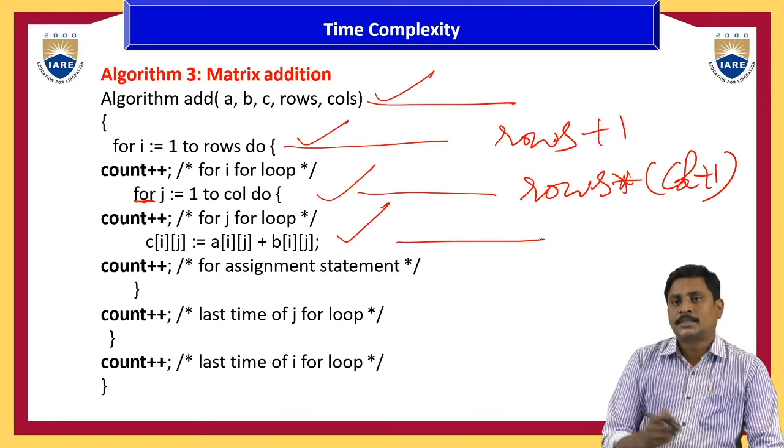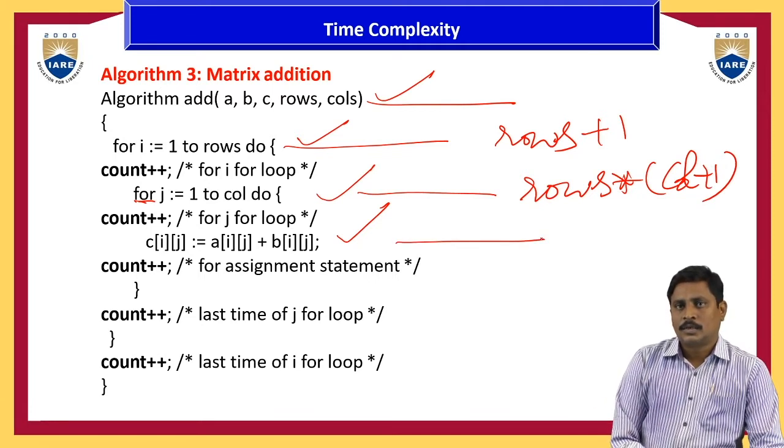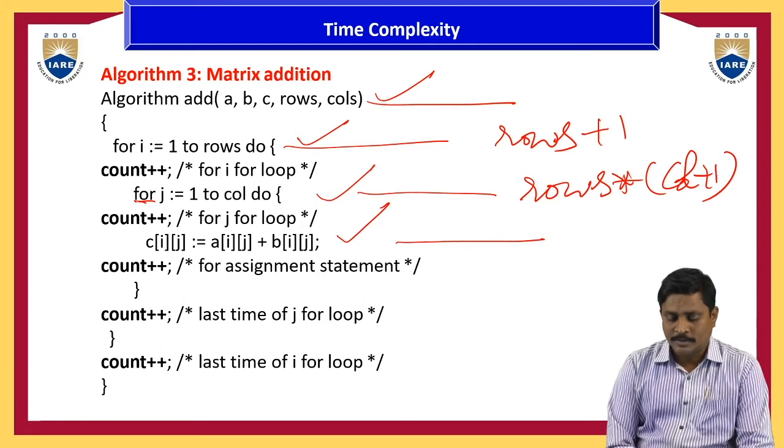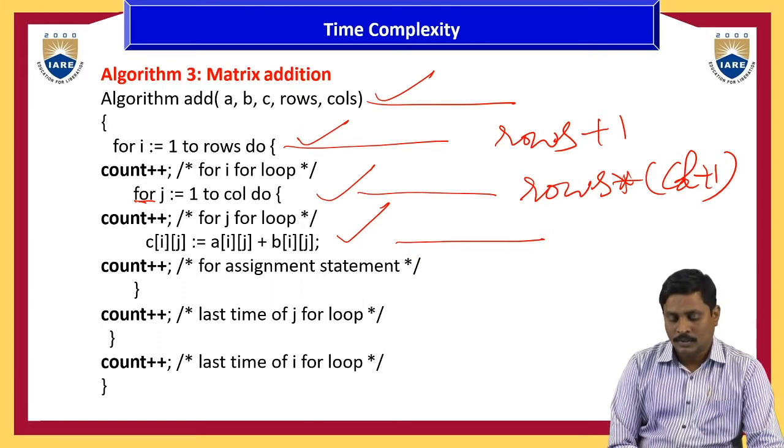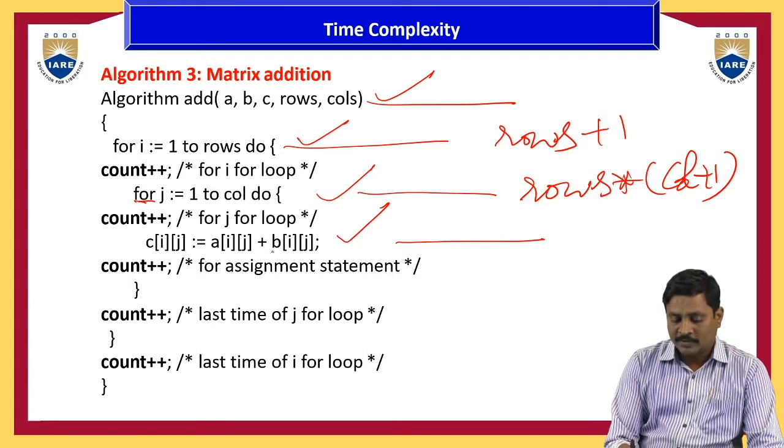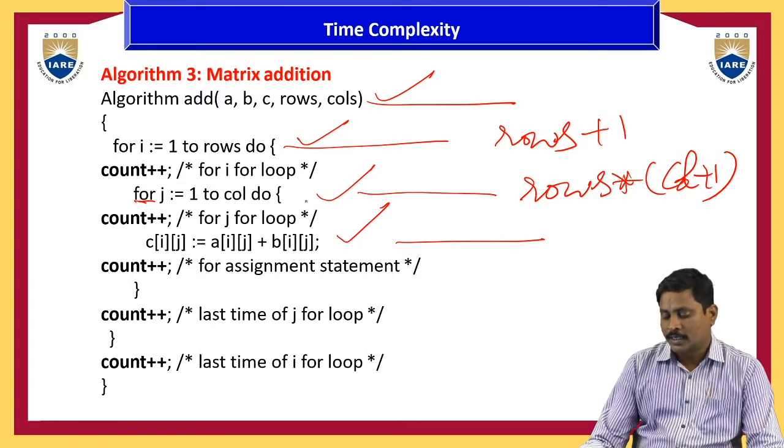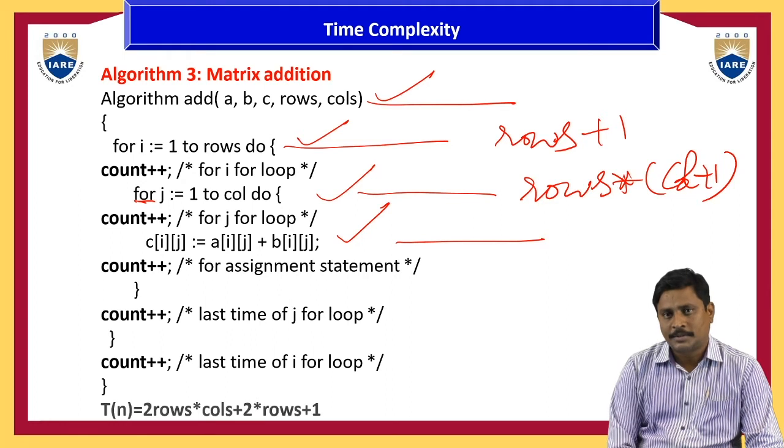This statement repeats. Now how many times does it repeat here? It repeats rows times as well as columns times.